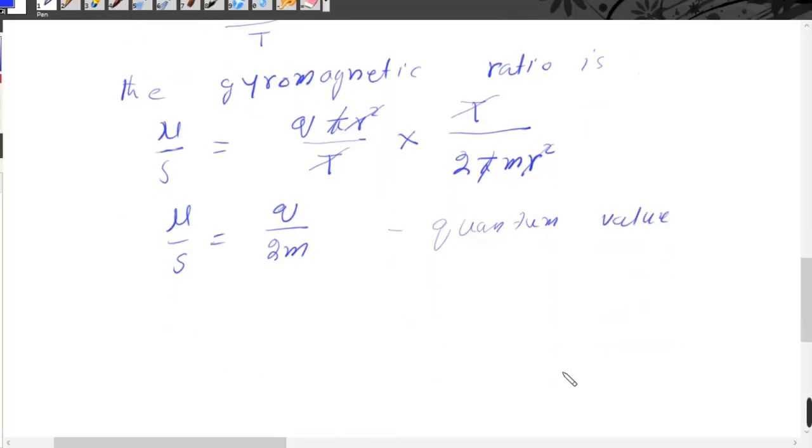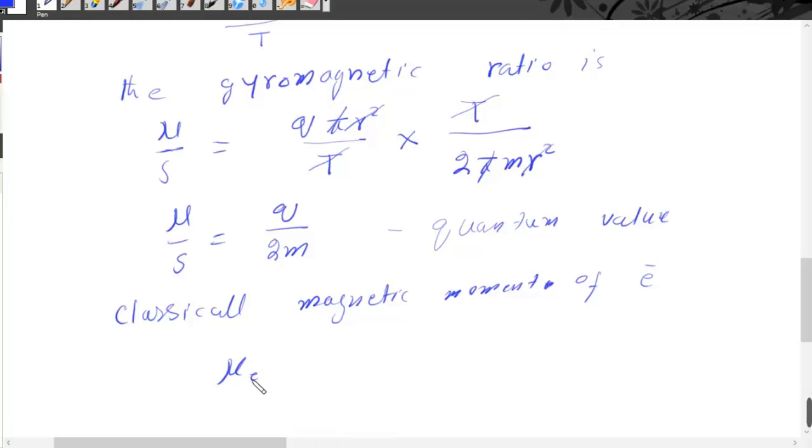Now the classical magnetic moment of electrons, μ_e, for electrons is equal to minus e divided by m times S. This is the classical value.